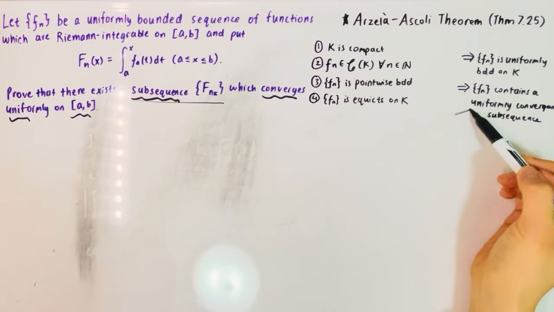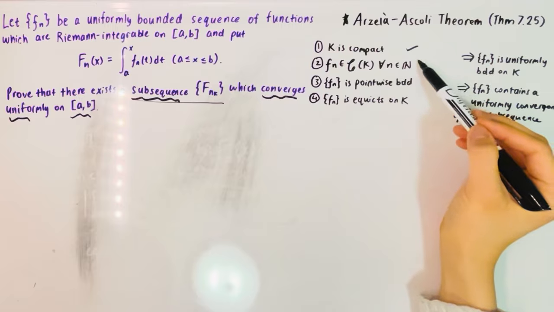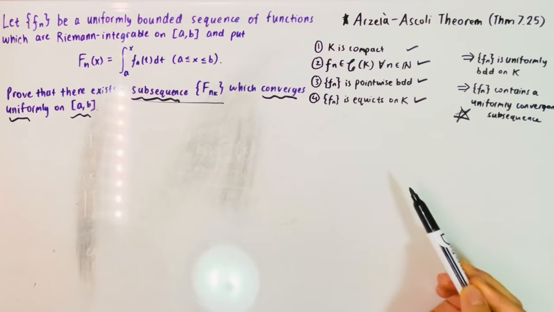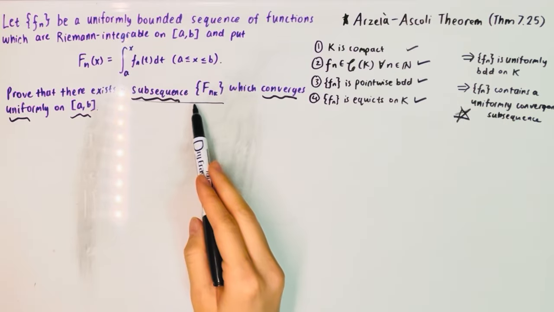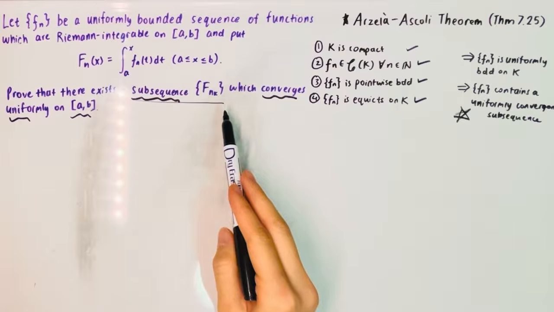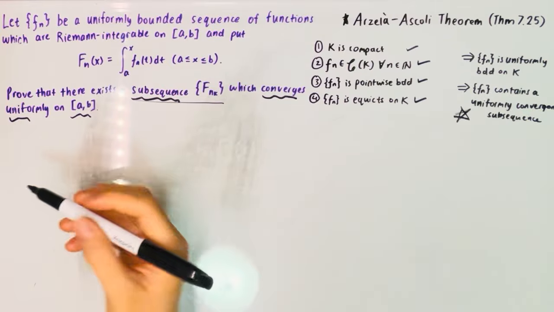And this is going to be the key part. So basically, if all of these conditions are true, then we can immediately see that F_{n_k} is the uniformly convergent subsequence. So let's check all these conditions.